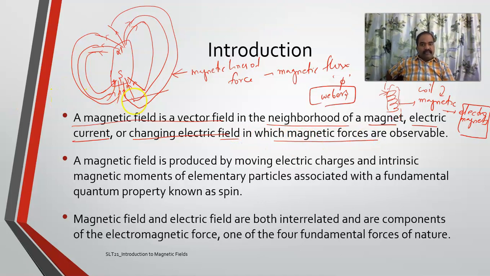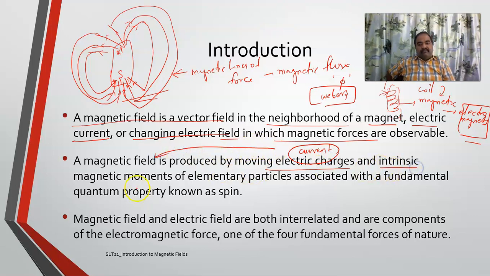It's not only a natural magnet or an electromagnet; even if there is an electric field and it is continuously varying, it also develops a magnetic field. And normally magnetic fields are produced by moving electric charges, what we call currents. So any current can develop a magnetic field.